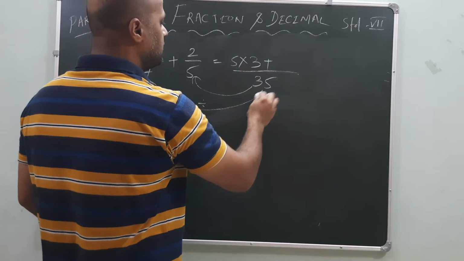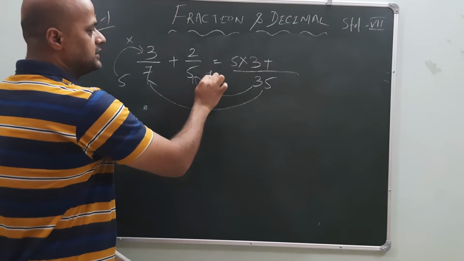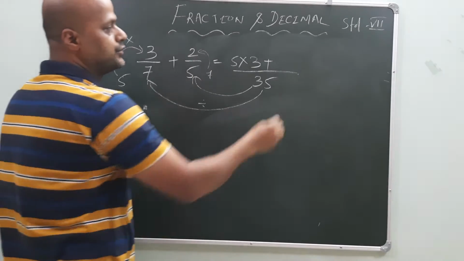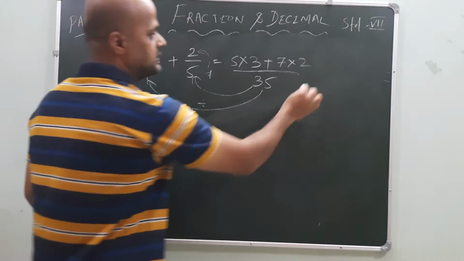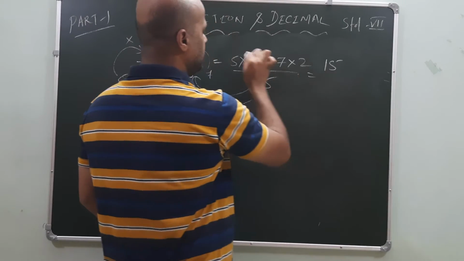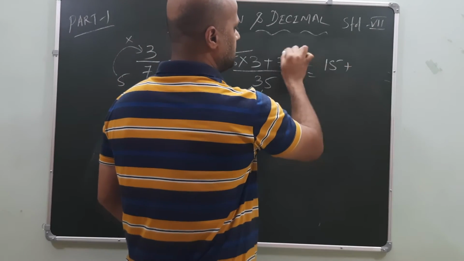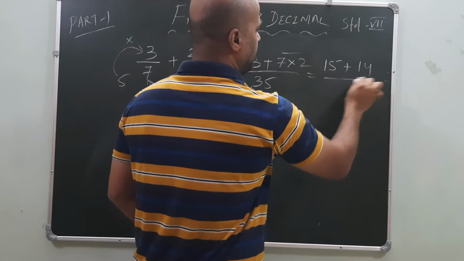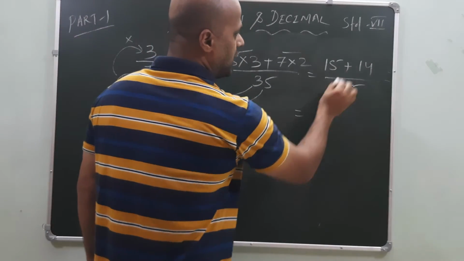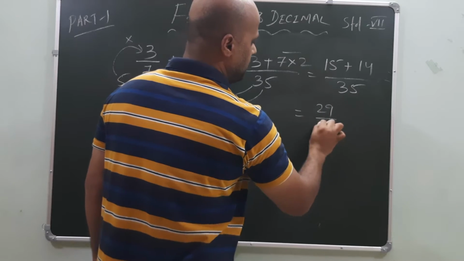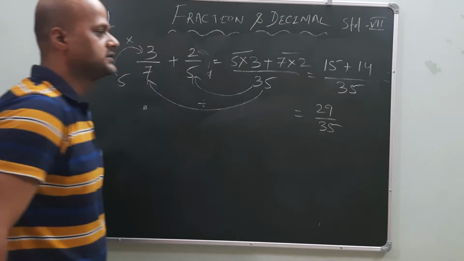How much is coming? 7 is coming. Then the 7 is multiplied with 2, 7 into 2. The answer is 15 plus 14 by 35. So 29 by 35 is the answer.